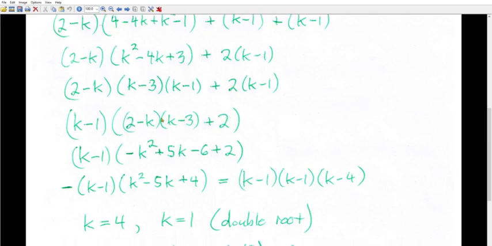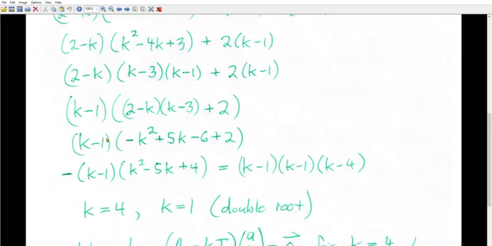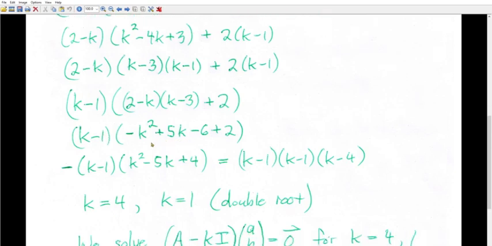And now when we multiply this out, we get minus K squared plus 5K minus 6 plus 2 times K minus 1. And now to simplify things, I'm going to factor a minus 1 out of here, and you can check. You get K squared minus 5K plus 4, and that factors as K minus 1 times K minus 4.